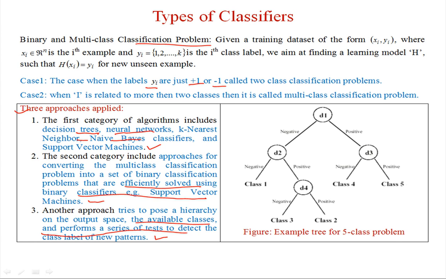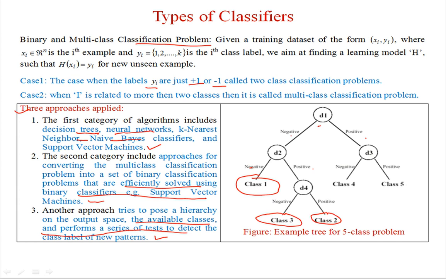For example, document D1 is first classified as negative or positive, then all negative sets are again classified into negative and positive. The highly negative sets are represented as one class, again classified as negative and positive. This is class 3, again positive class 2.